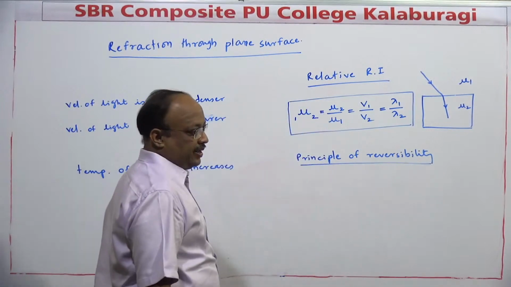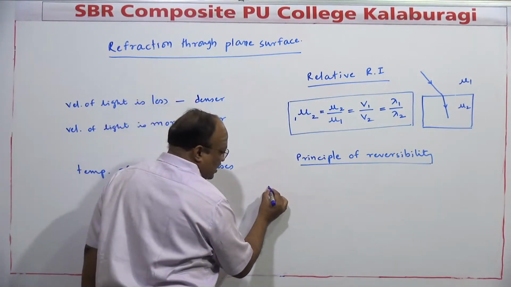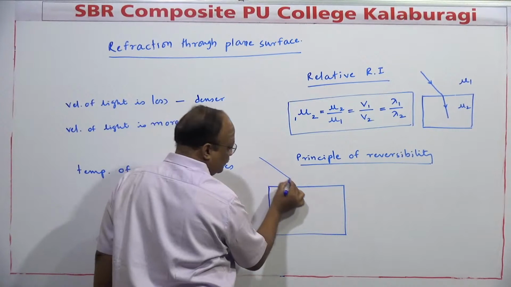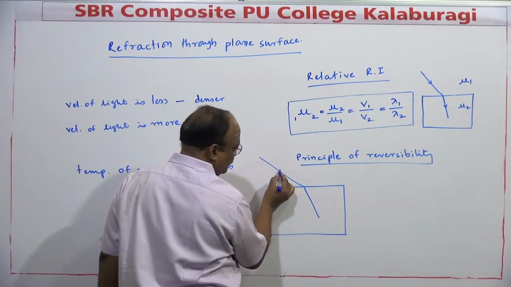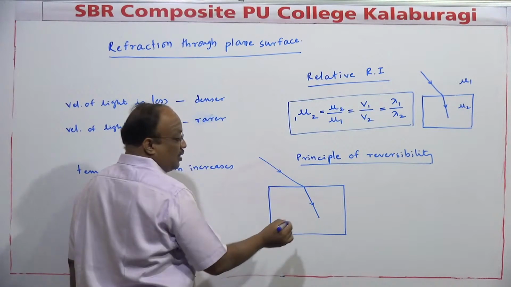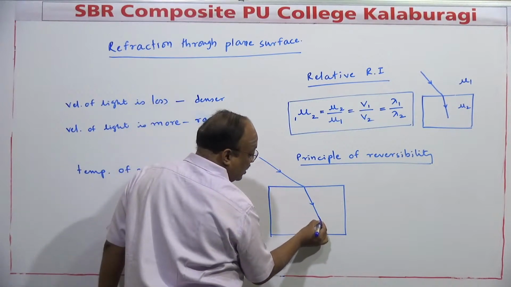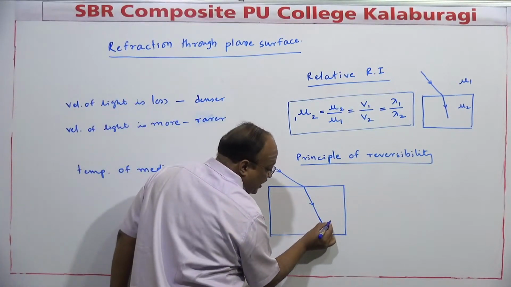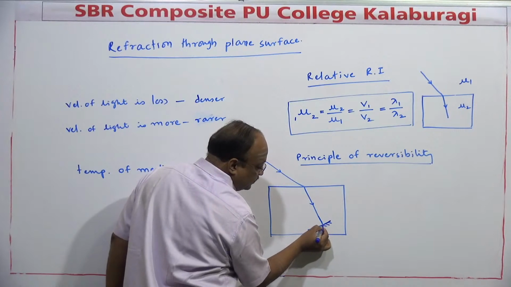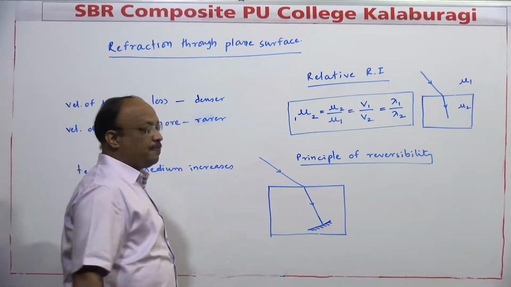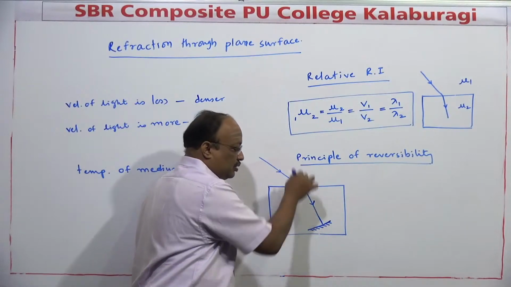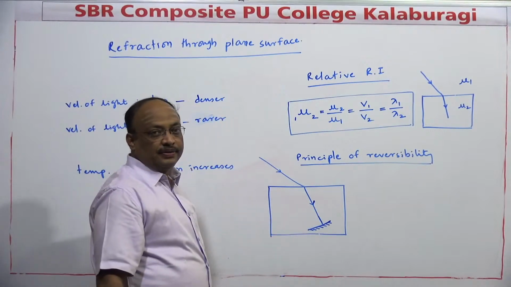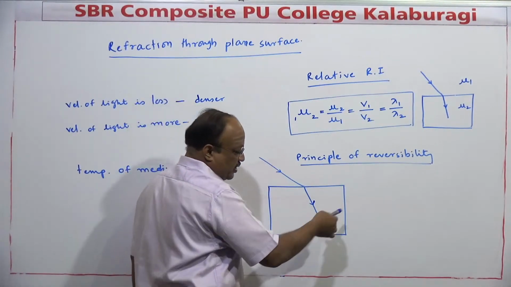Principle of reversibility. Let us take the same thing. We are reversing the ray by keeping a mirror exactly perpendicular to its path.